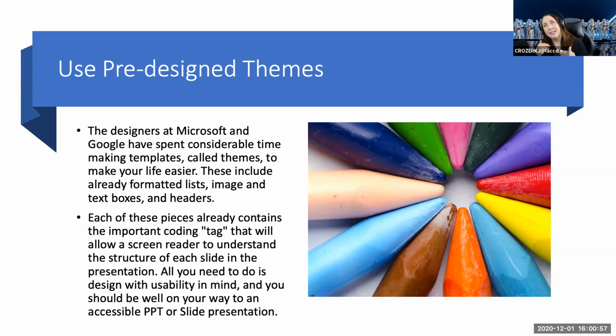So these preset designs already have the sort of coding tag in the HTML that's going to let a screen reader understand the structure of the presentation. So that's going to make it a lot easier. And then you just need to design your presentation with usability in mind, and you should be on your way to a fairly accessible PowerPoint or slide presentation.